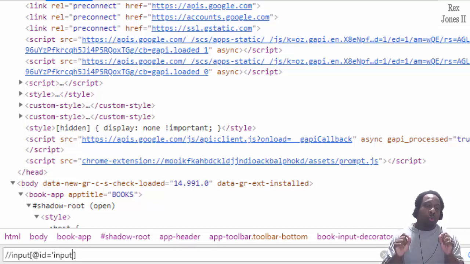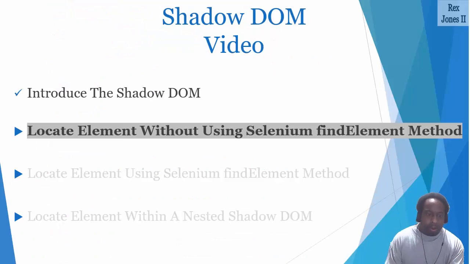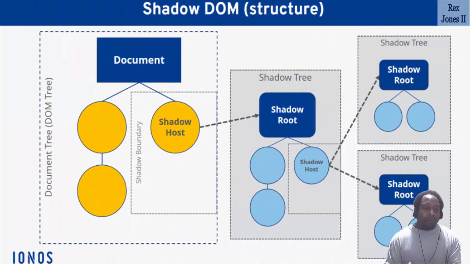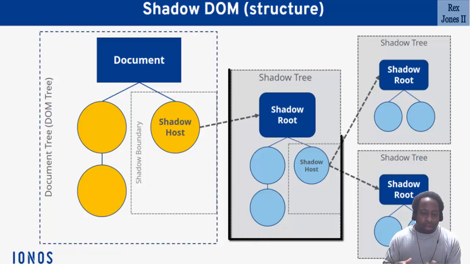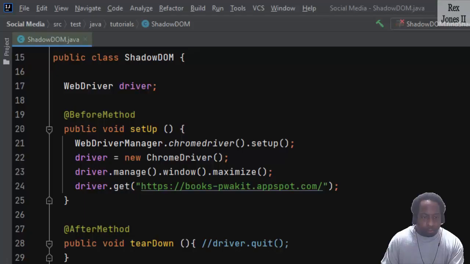And once again, we're not able to find the search field. In our diagram, the search field would be an element in the first shadow DOM.